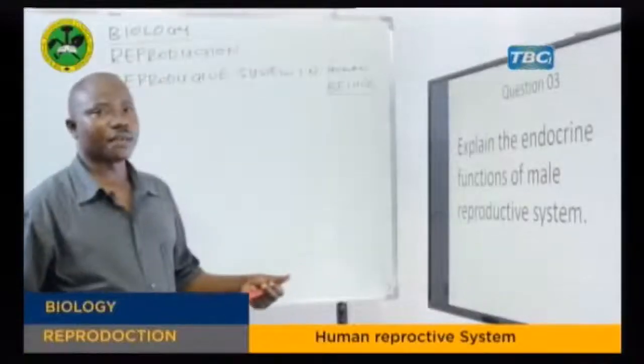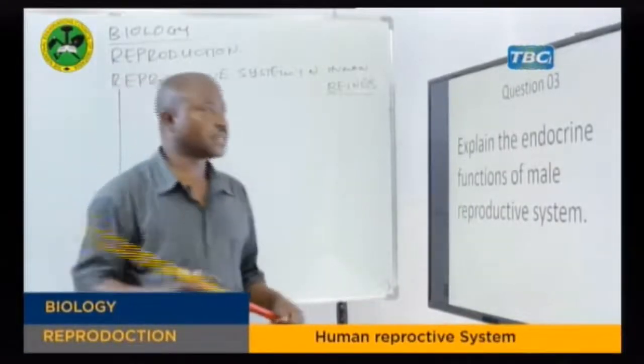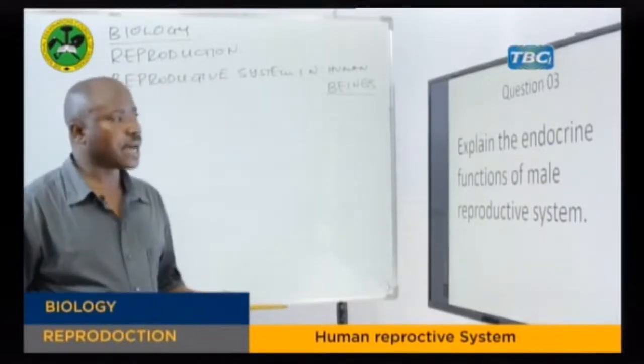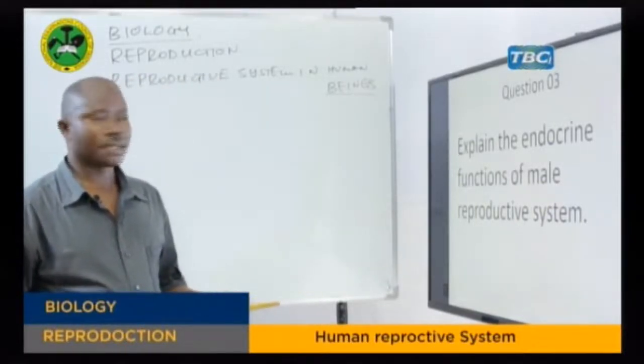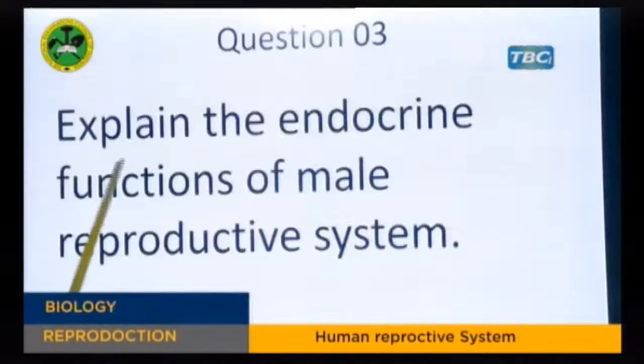Dear students, we have done question number 2. Let us see question number 3 and explain how to answer it. The question number 3 reads: explain the endocrine functions of the male reproductive system.